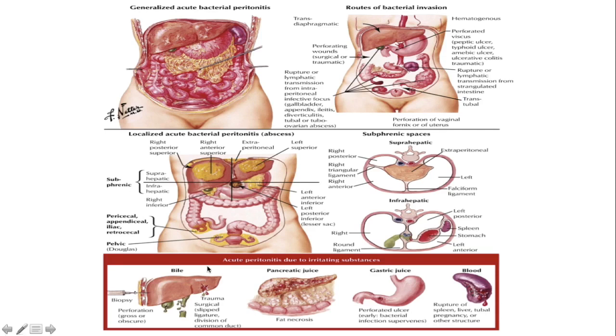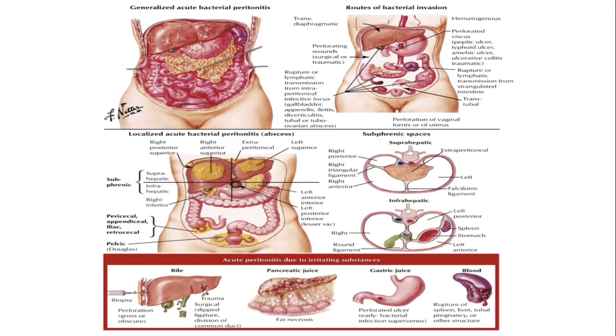Okay, in the box at the bottom here are examples of acute peritonitis due to irritating substances. These can be sterile peritonitis, so they do not cause peritonitis because of infection, but the substance that spills into the abdominal cavity is irritating to the mesothelial or serosal lined surfaces.